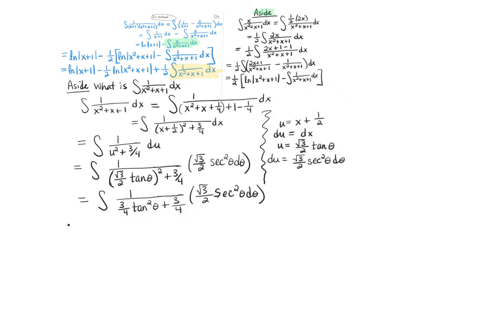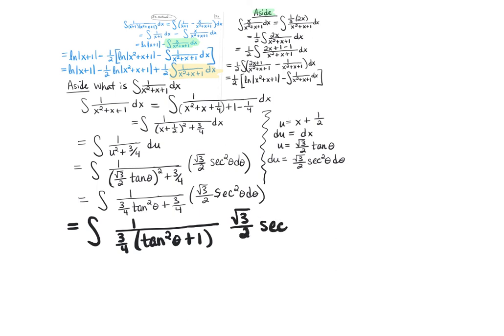Something beautiful happens. This is equal to the integral of 1 over 3/4 times the quantity tangent squared theta plus 1. Wait a minute, we know what that is. That's secant squared theta. But let's finish writing it. Let's not jump too far. This is secant squared theta.